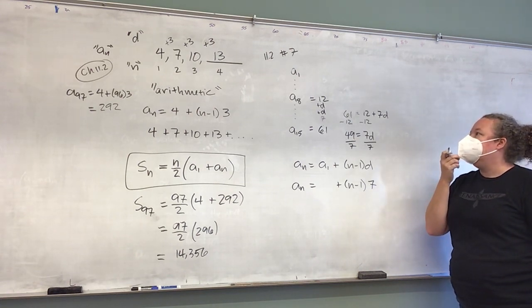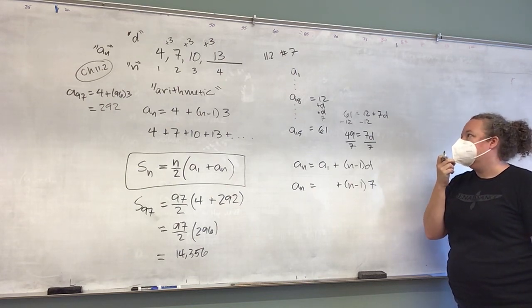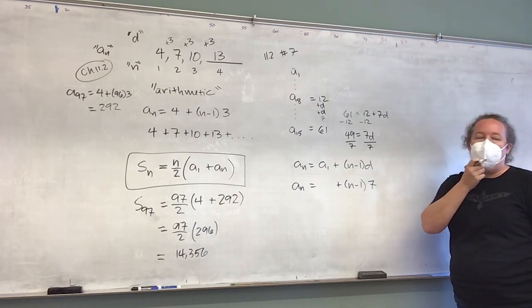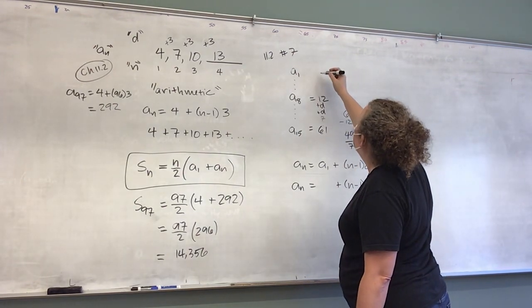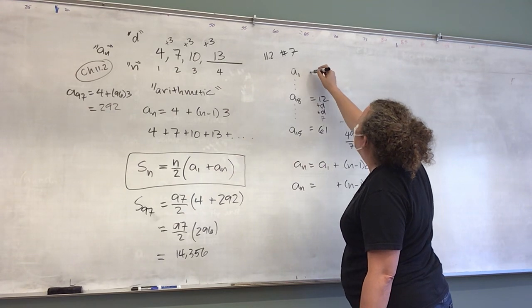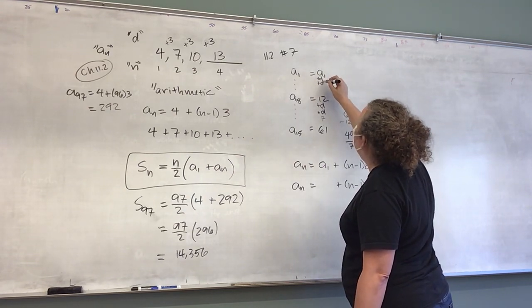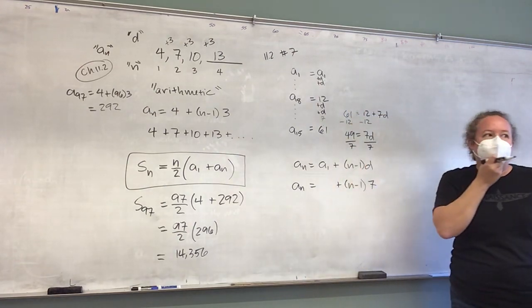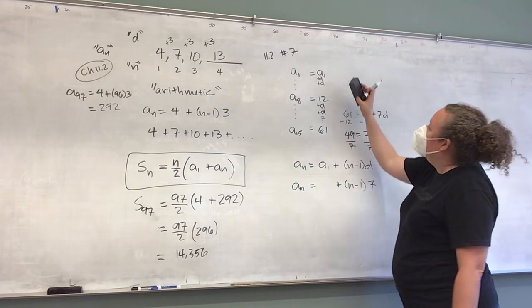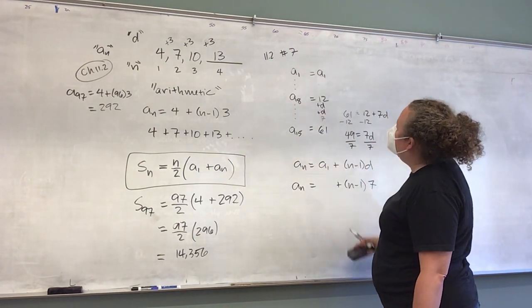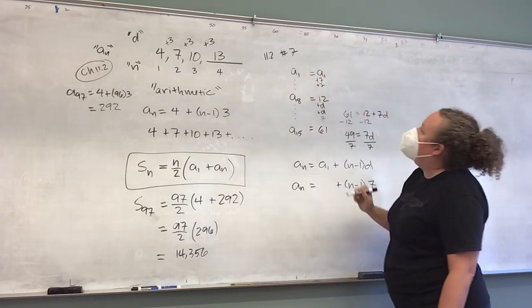All right, but this still doesn't give us A sub 1. But we can use a similar logical process. Now we're not just adding D, we're adding 7.